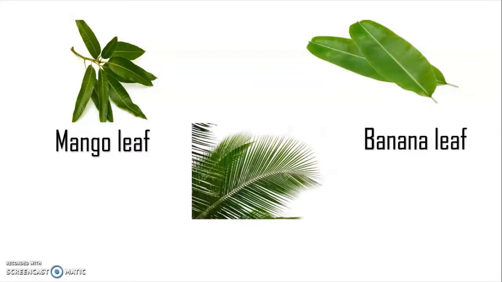And this one is a coconut leaf. The banana leaf is a simple leaf, or a single one. The coconut leaf is compound, and the mango is also a compound leaf.